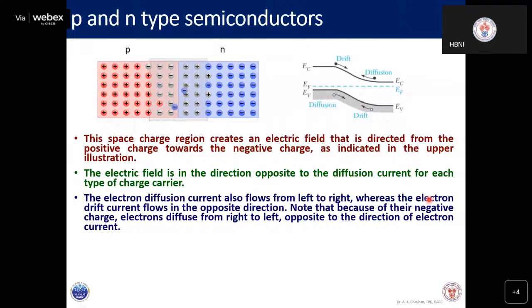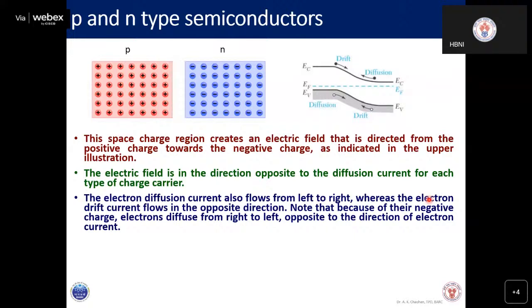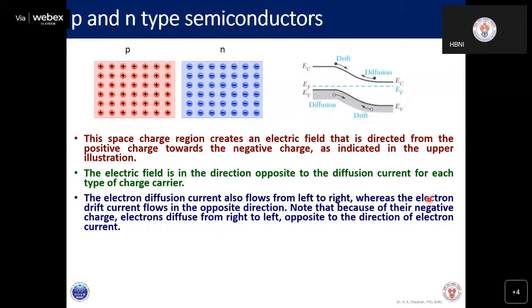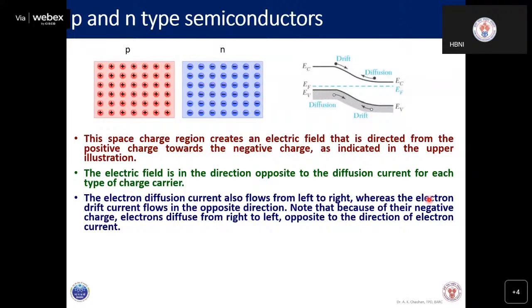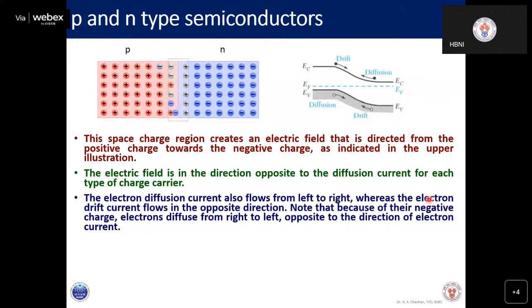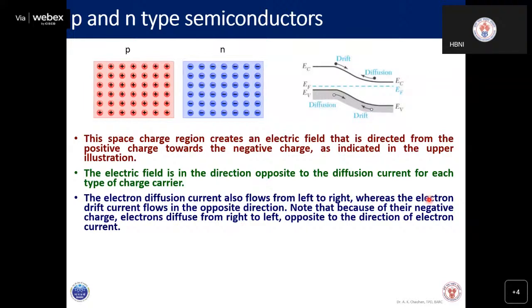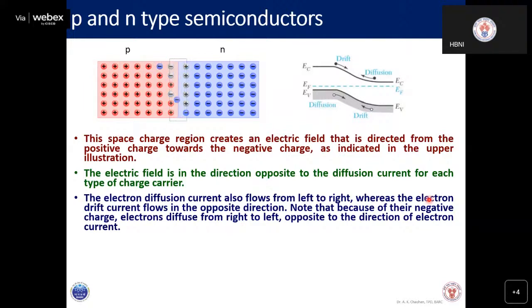So now you will be having two currents. One is the diffusion current, which was flowing initially due to the carrier concentration gradient. Now, because of this flow of electrons from one side to another, an electric field is generated, because you have some positive charge on one side and negative charge on the other side.